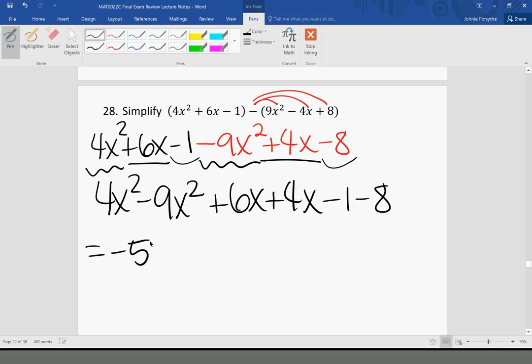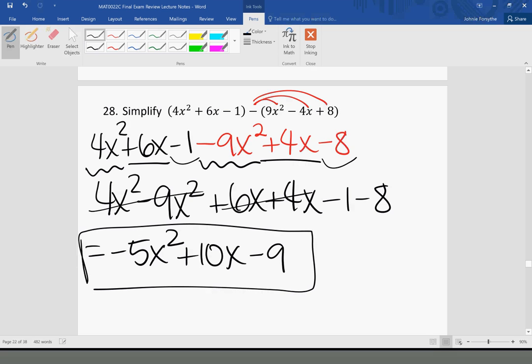That's going to be a negative 5x squared. So that's done. 6x plus 4x is just 10x. That's done. And then negative 1 minus 8, they have the same sign, so we add and keep the sign, negative 9. And that's going to be your final answer here: negative 5x squared plus 10x minus 9.